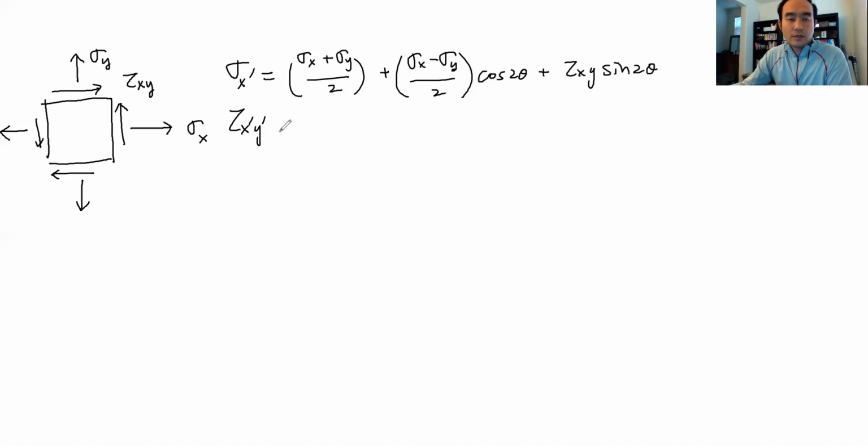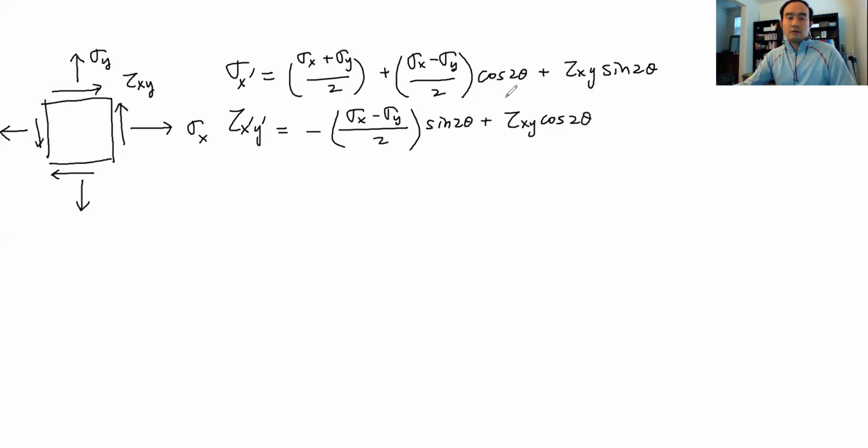And then tau x prime y prime is equal to negative sigma x minus sigma y over 2 times sine 2 theta plus tau xy times cosine 2 theta. So we derived these two equations from this wedge, with all the stresses, using the equilibrium equations.